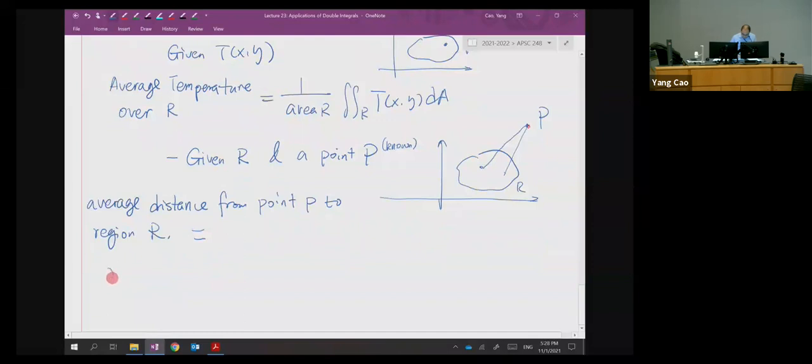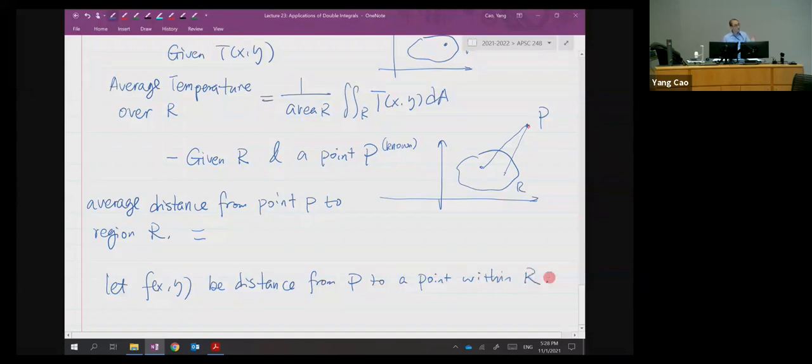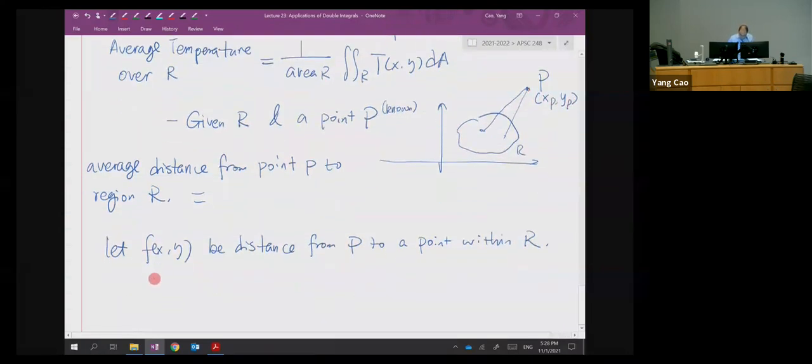All you need to do is, first, let f of x y represent the distance from point P to anywhere within region R, an arbitrary point within region R. If point P has coordinates x_p, y_p, then f of x y should be the square root of (x minus x_p) squared plus (y minus y_p) squared.